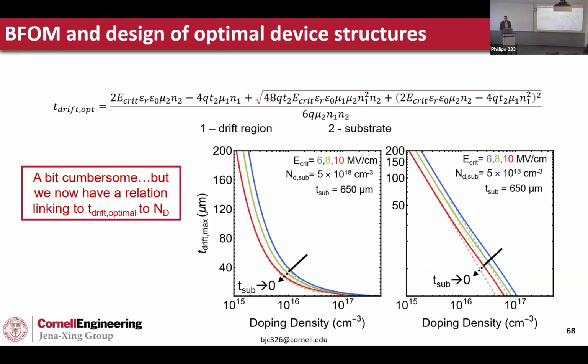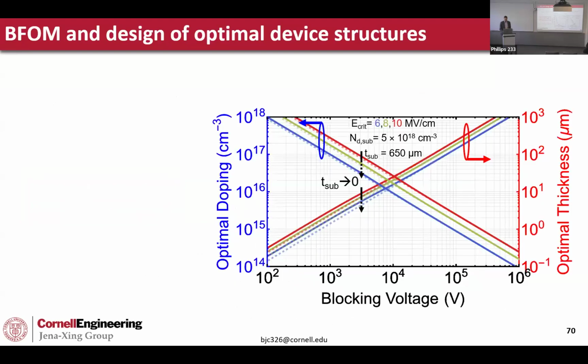So throughout this talk, I've been looking at voltages and fields and doping and all that. Those of you who've worked with these equations before have noticed that we already have an expression for voltage given a thickness and a doping. So I can relate all of these terms together and create this optimal design chart, where moving along this line is following the T drift max as we want a specific voltage.